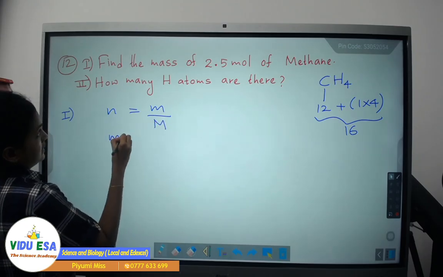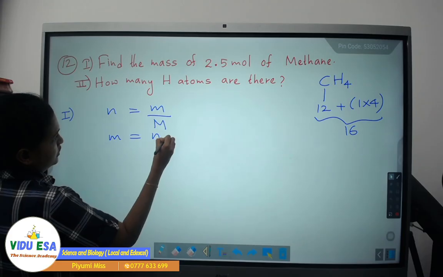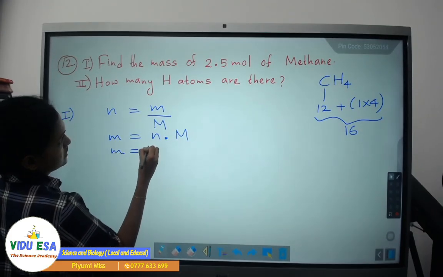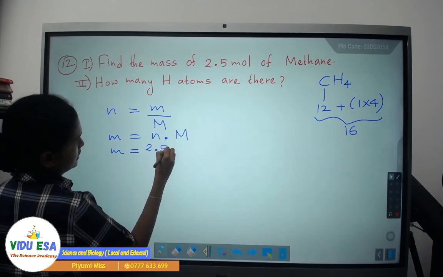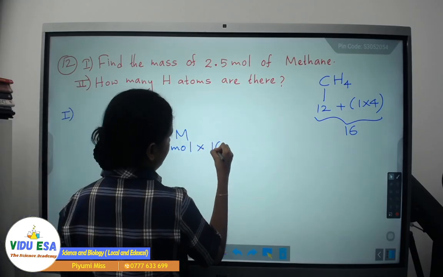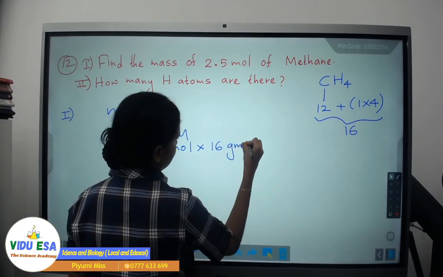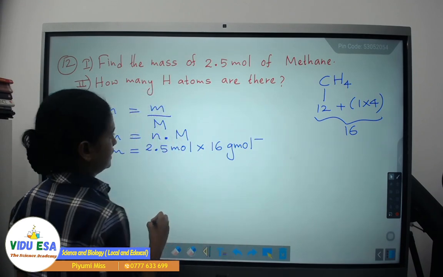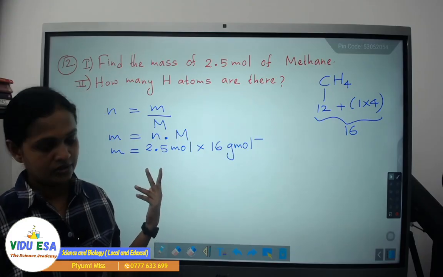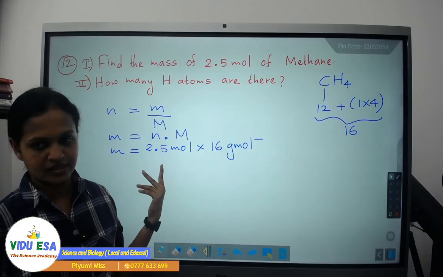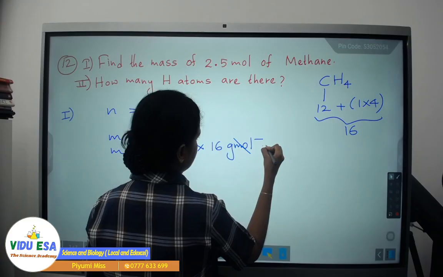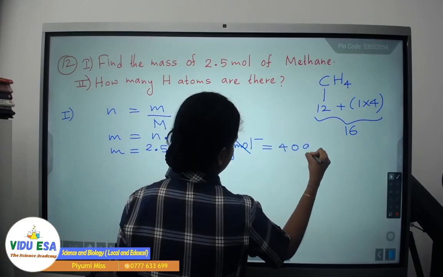Mass equals number of moles into molar mass. Number of moles 2.5 moles. The molar mass is 16 grams per mole. 16 into 2 is 32, half is 8, 32 plus 8 is 40. 40 grams is the mass.